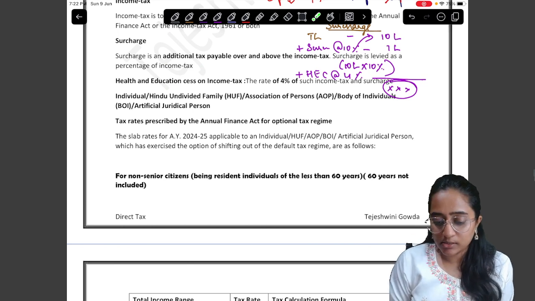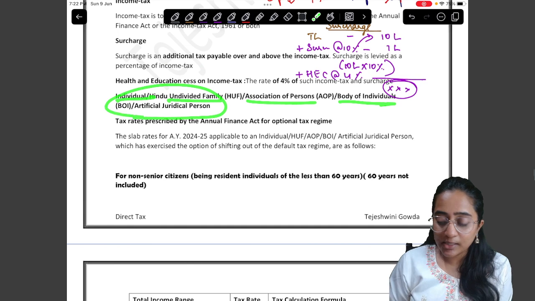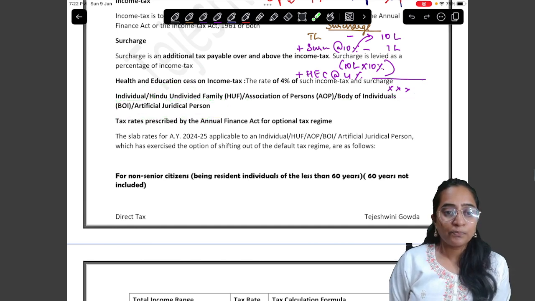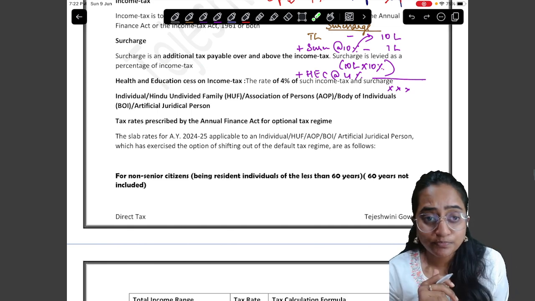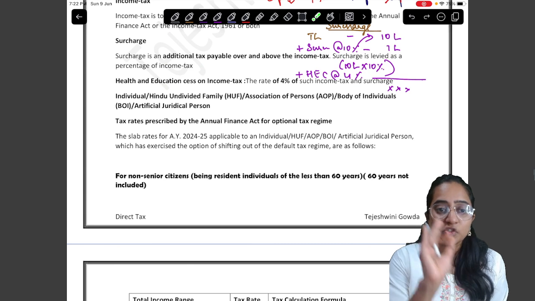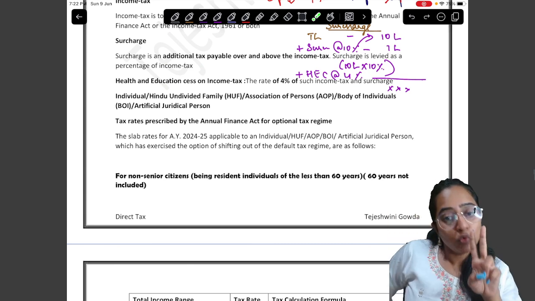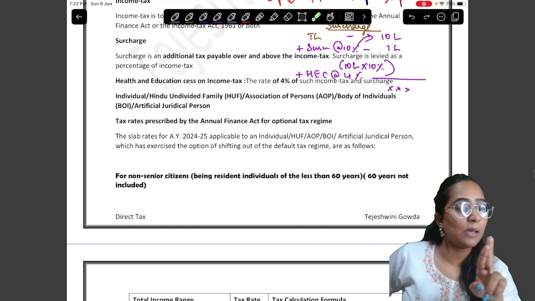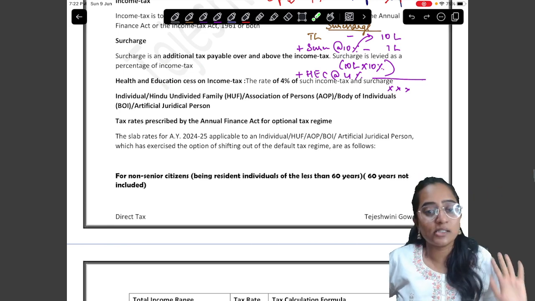Next, the individual, HUF, Association of Persons, Body of Individuals and AJP. Try to understand something. The tax rate which is applicable for individuals, HUF, AOP, BOI, AJP, we have two different tax rates applicable. That is, we can select either one. These are the optional tax rates which are available.